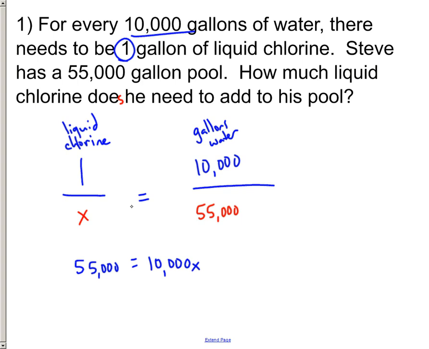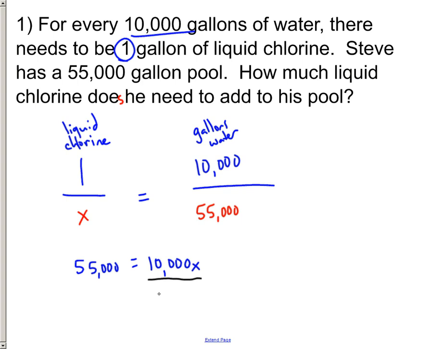Now normally you've seen me do the variable times the diagonal number first. That's more appropriate, but I just wanted to show that if you accidentally make a mistake, it's not going to hurt you. You can still do it this way. And then now we can divide by 10,000. Actually, let's back that up and make it a little neater.